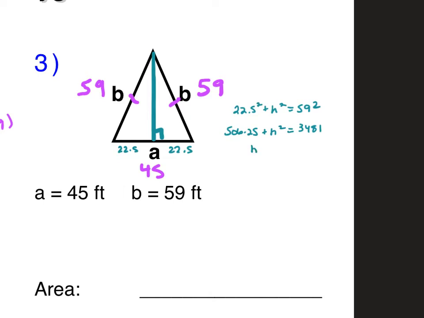So this becomes height squared 2974.75. Square root that. 54.54. That's going to be your height.